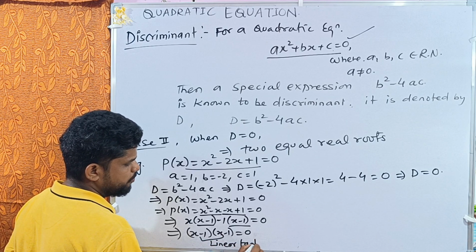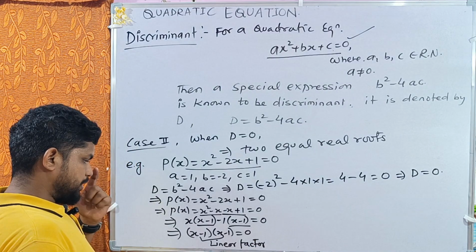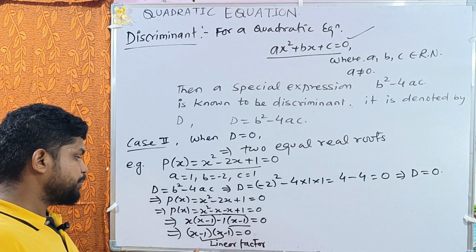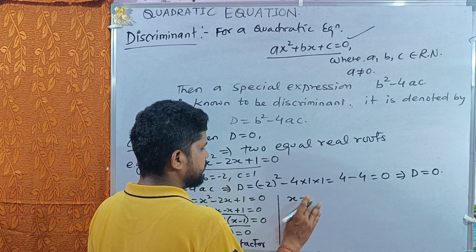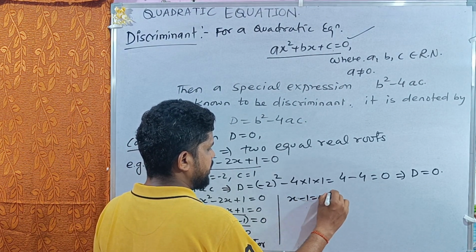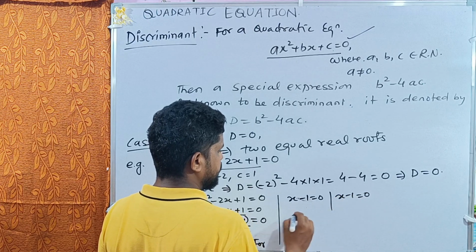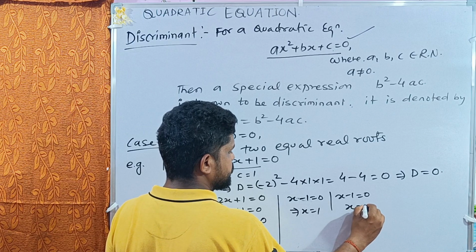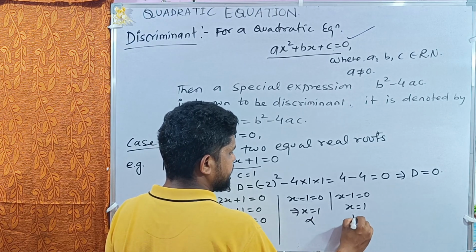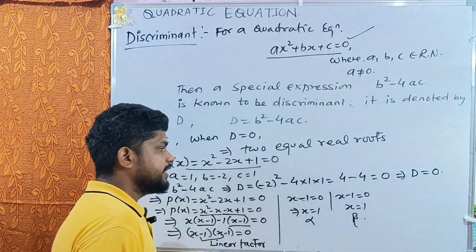Okay, so by the splitting the middle term method, if we put the linear factors to 0, we will get x minus 1 equal to 0 and x minus 1 equal to 0. Here the value of x is 1 and here also the value of x is 1. This is the value of alpha and this is the value of beta. Okay.